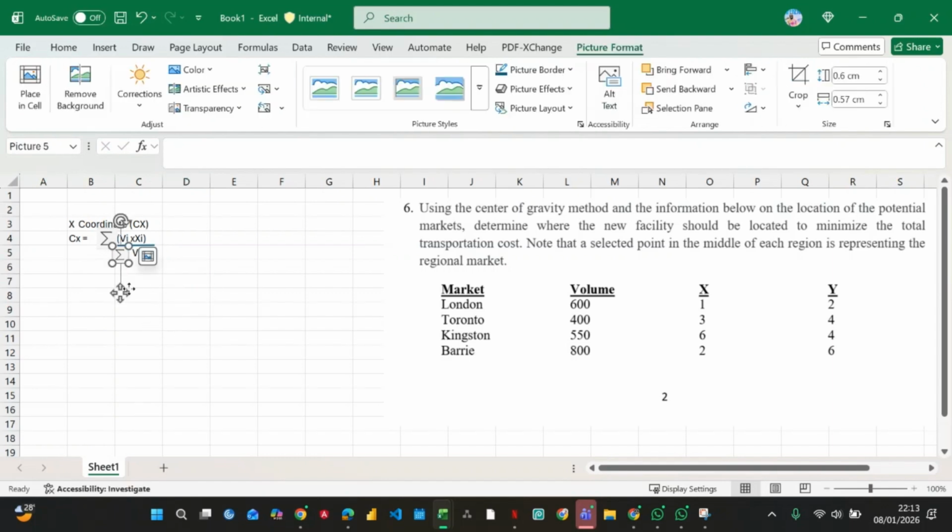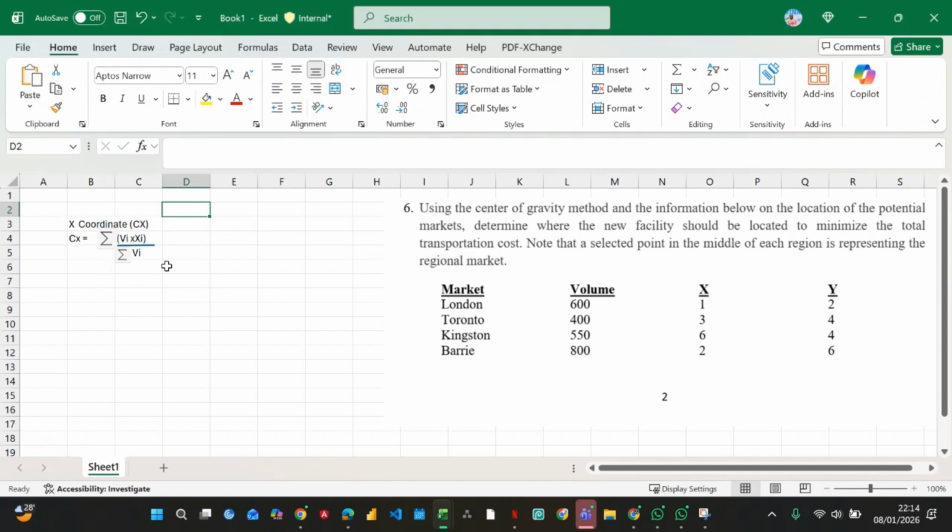So when you talk about vi, the i here is just like an item, right? So the xi means x1, x2, x3, x4. That is what the i is representing. That's what it means. Since this is the formula, now we need to actually solve this issue.